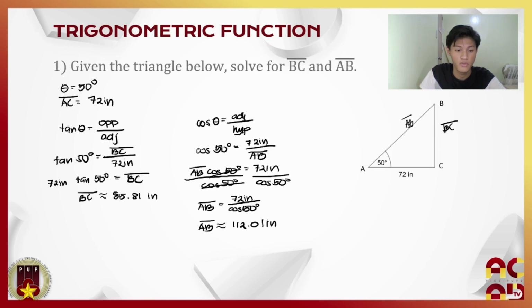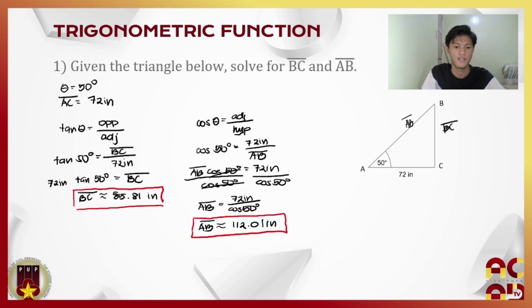So, inch din yung unit. So, ito na yung ating final answer. So, dalawa, kasi dalawa yung value na pinapahanap sa atin for the sample problem. So, line BC na 85.81 inch at line AB na 112.01 inch. Yan. So, proceed tayo sa next sample problem.